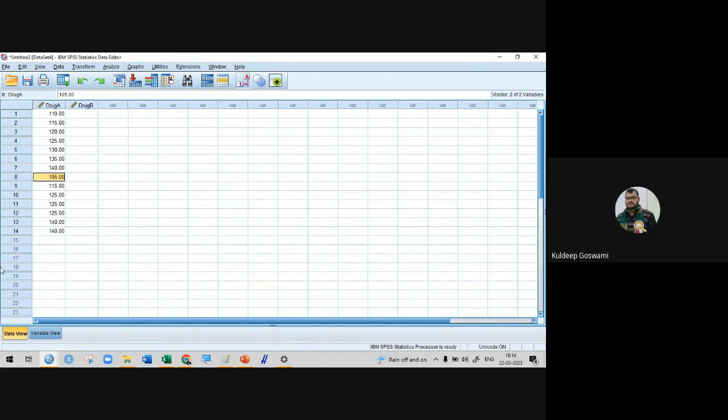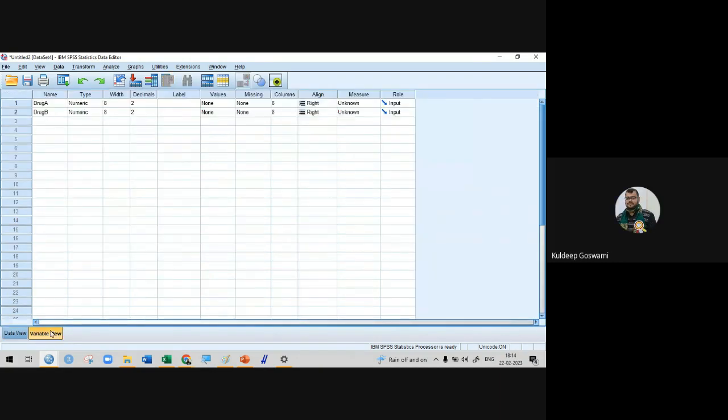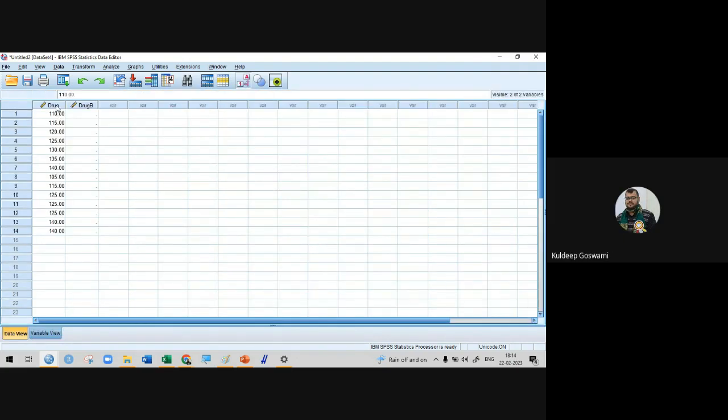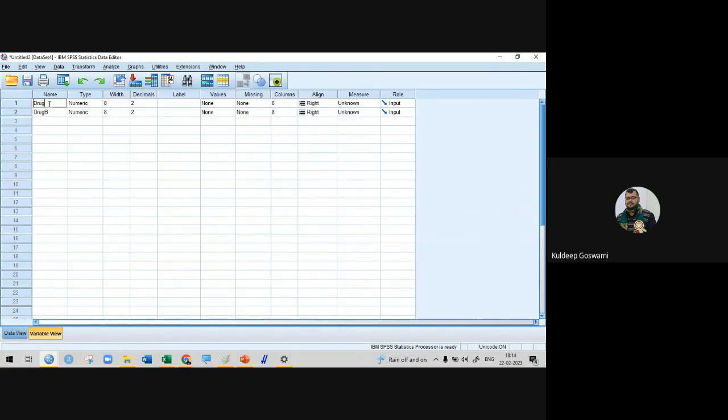You have to make one variable for drug. Instead of drug A, it should be like drug. Or sorry, first it will be systolic blood pressure. Systolic blood pressure.